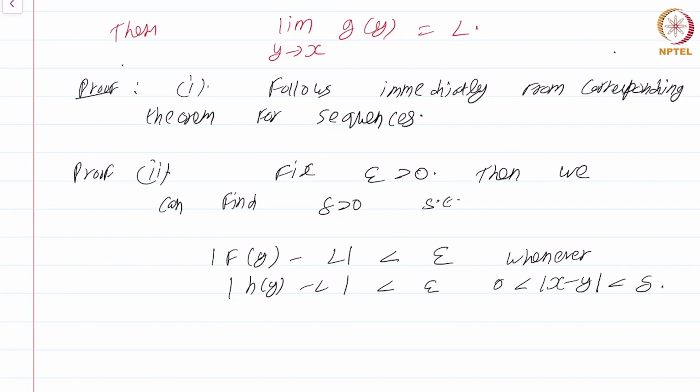This just comes directly from the epsilon delta definition applied to f and h, then taking the minimum of the two deltas. Since I have done such things quite a bit for sequences, I will not be explicitly saying anymore how exactly this delta was constructed, satisfying these two conditions simultaneously.